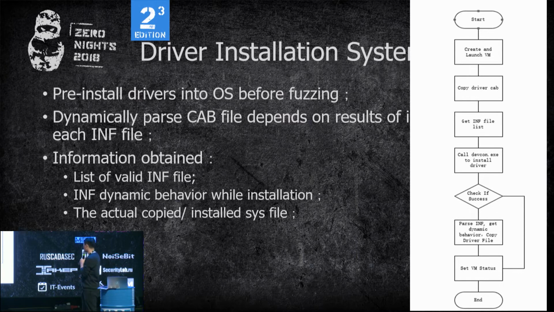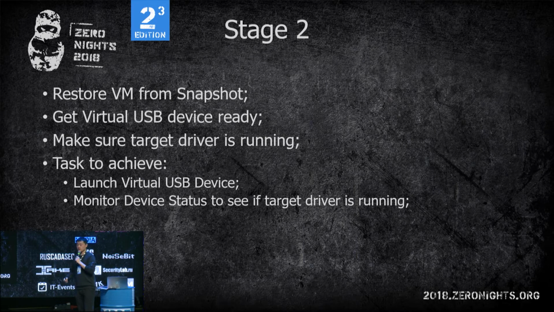And here is the workflow of how this installation analysis system works. In the second stage, we restore the VM from the snapshot, get the virtual USB plugged in, and make sure the target driver is running. In this stage we have two tasks.